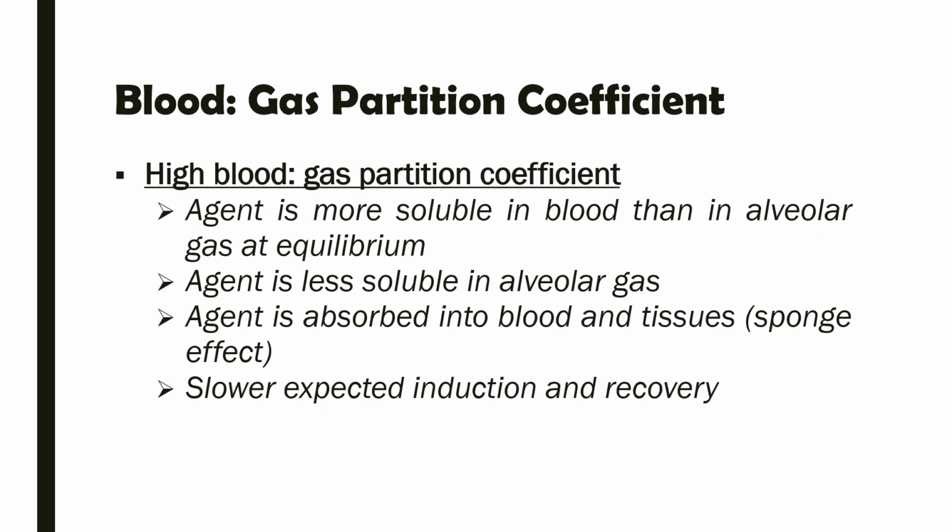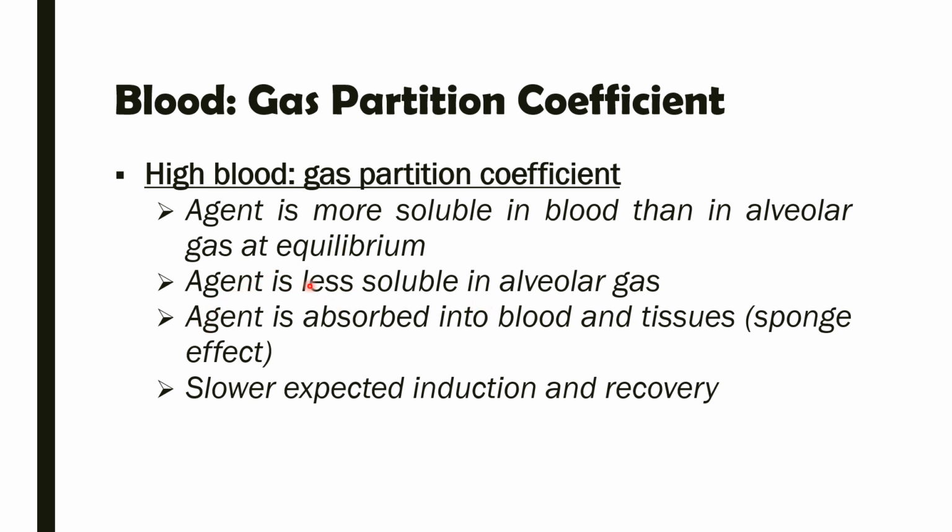Of course, the opposite is true when the agent has a high blood gas partition coefficient. This means that the agent is more soluble in blood than in the alveolar gas at equilibrium. The agent is less soluble in alveolar gas.